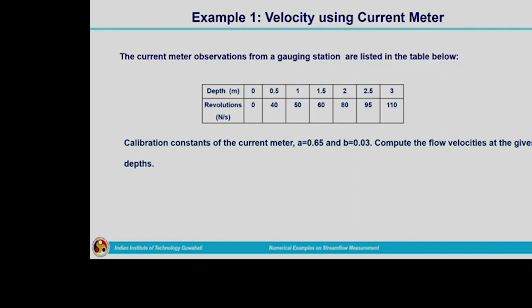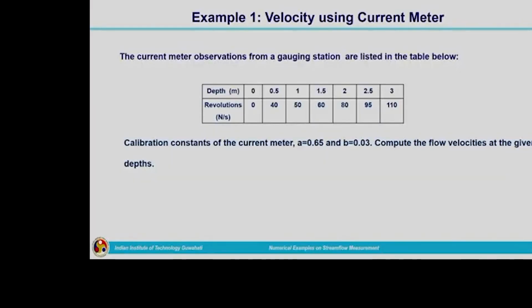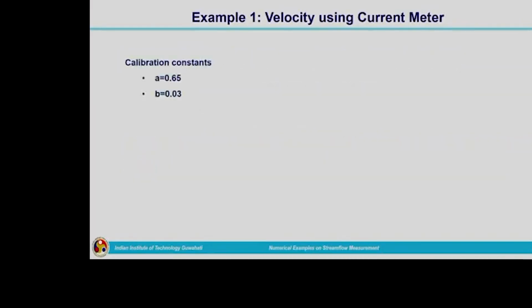We know there is an equation to calculate the velocity for a particular current meter, and for different current meters the calibration coefficients will be different. The calibration constants for this particular current meter are given in the question: A is equal to 0.65 and B is equal to 0.03.